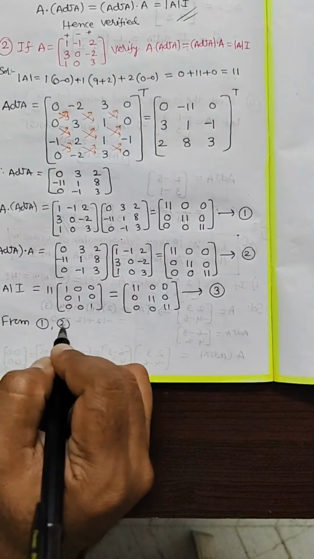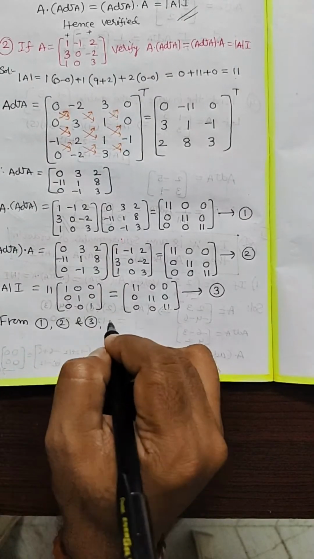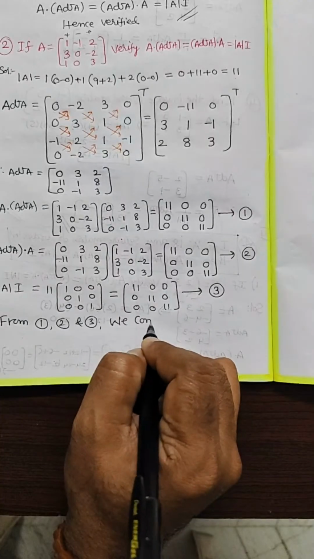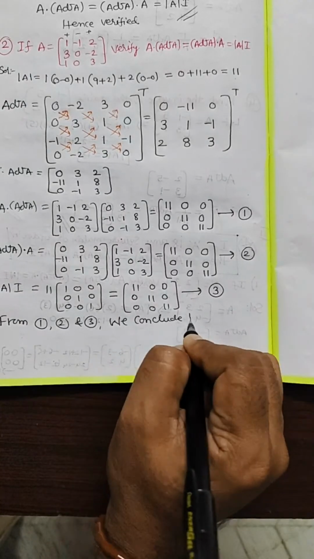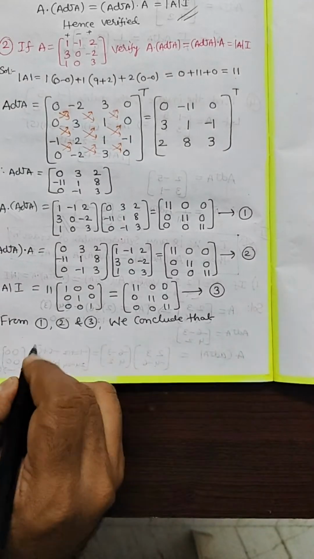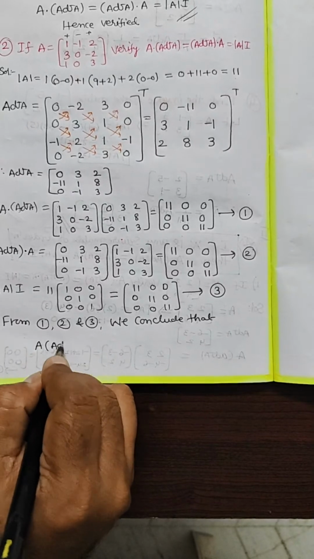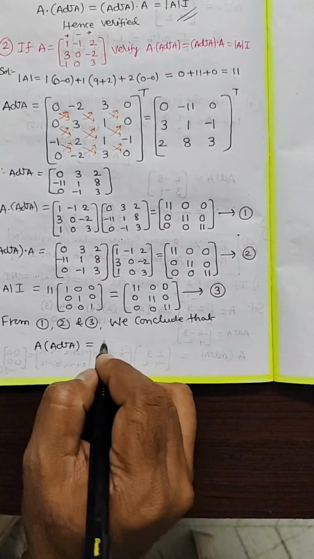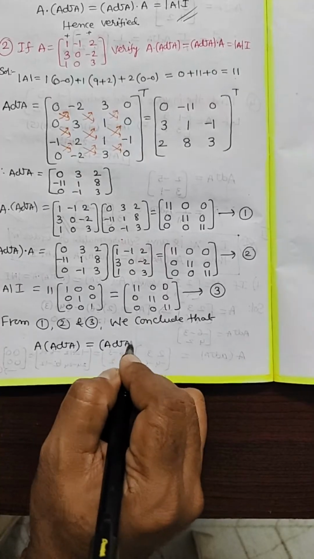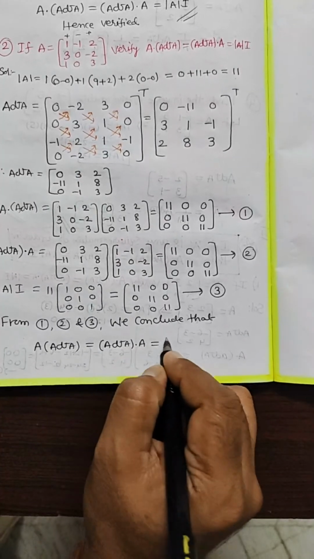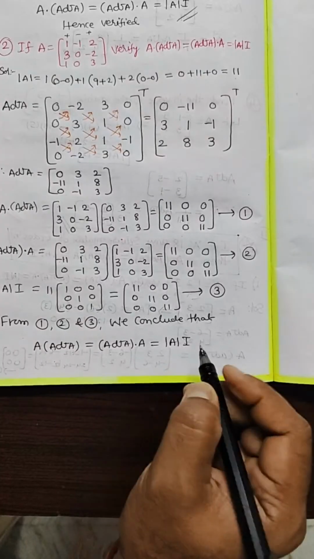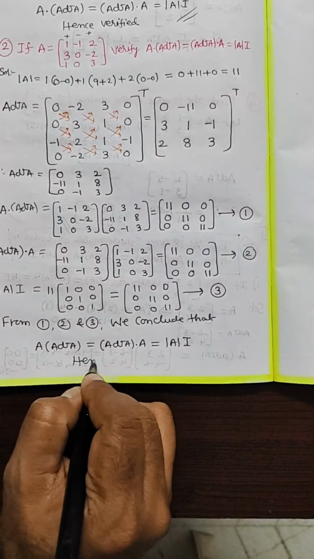From 1, 2 and 3, we conclude that A into adjoint A is equal to adjoint A into A is equal to det A into I. Hence verified.